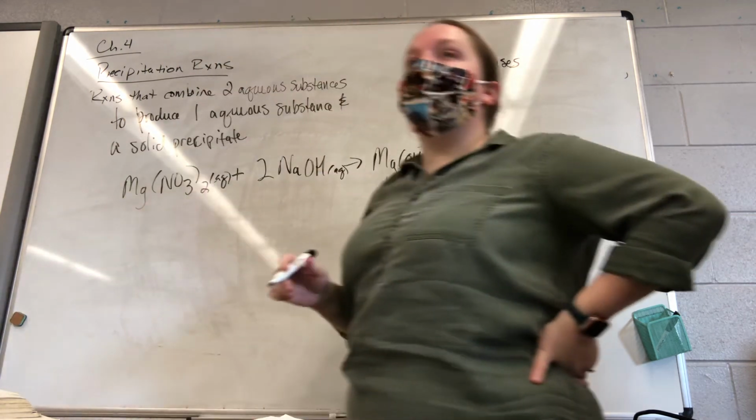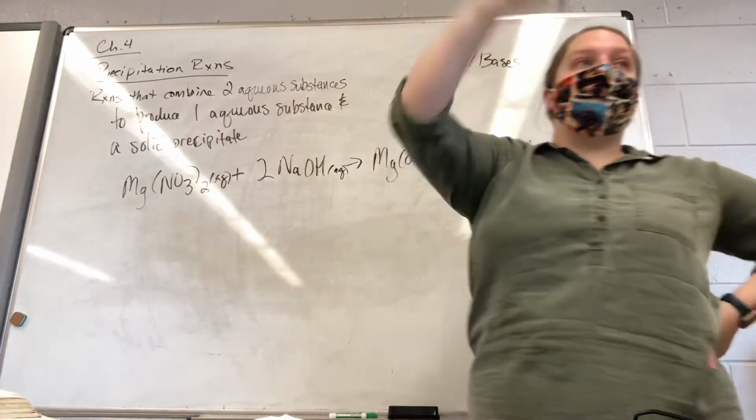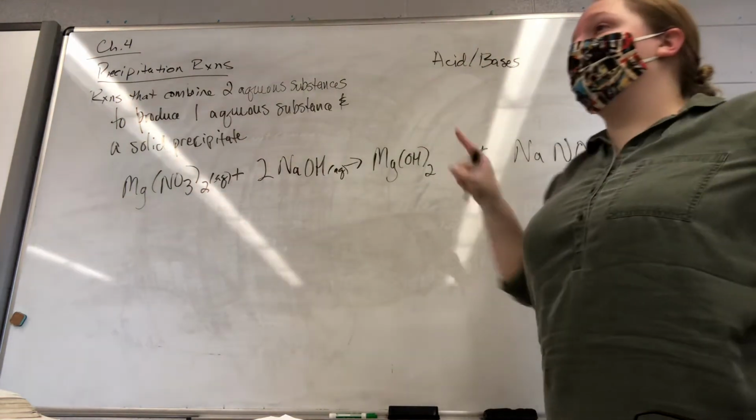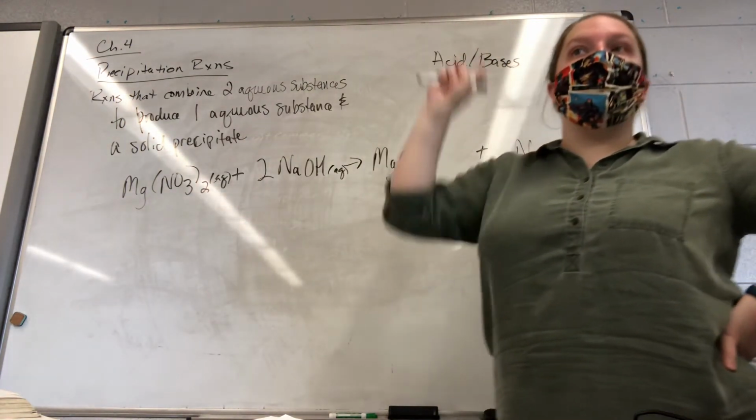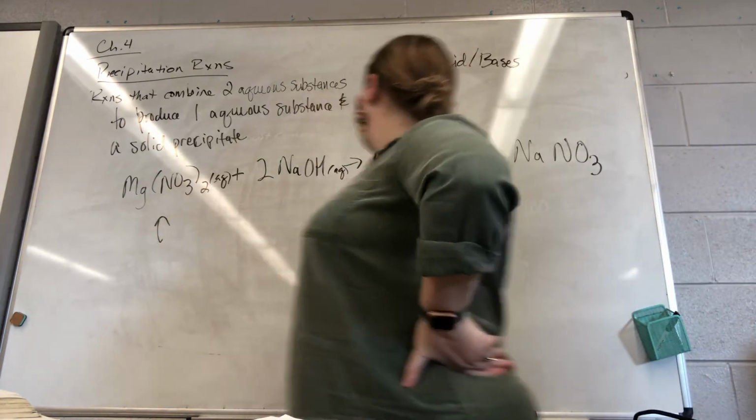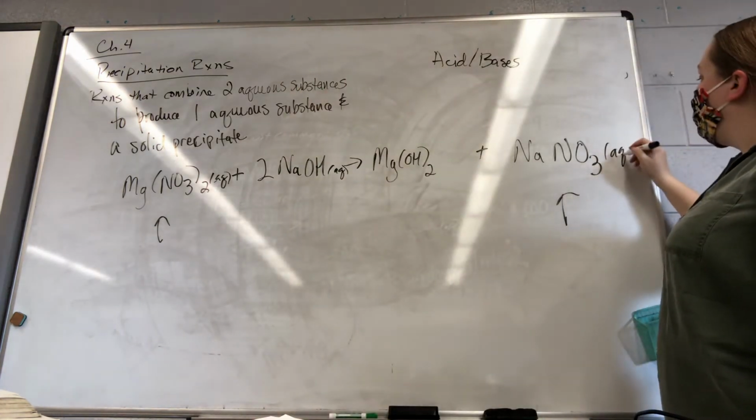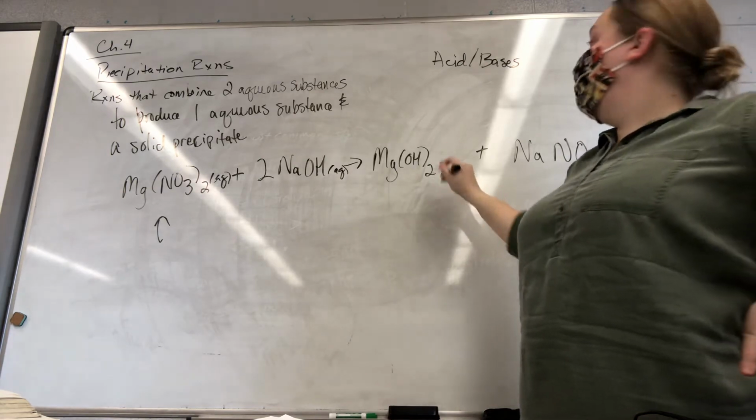Hopefully you remember the one rule that I'm aiming at here. One of these compounds is always soluble. What is it? A nitrate. This guy's always soluble, which means this one's always soluble, which makes this the solid.